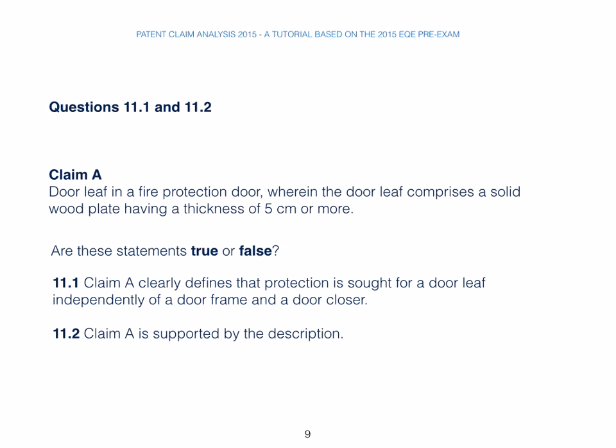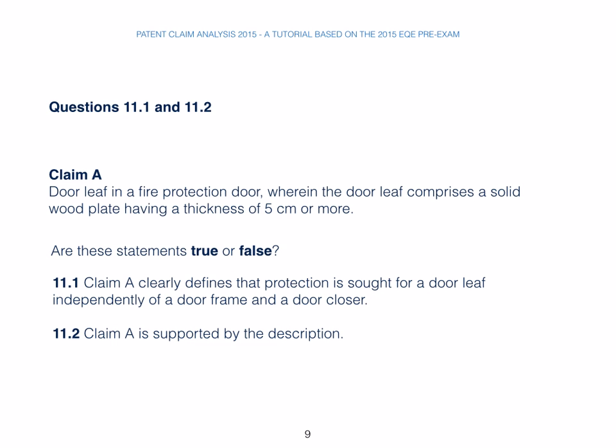We have a claim A, and we have 2 statements about claim A. Claim A reads as follows: door leaf in a fire protection door, wherein the door leaf comprises a solid wood plate having a thickness of 5 centimeters or more, and you are asked whether the following statements are true or false. 11.1, claim A clearly defines that protection is sought for a door leaf independently of a door frame and a door closer.